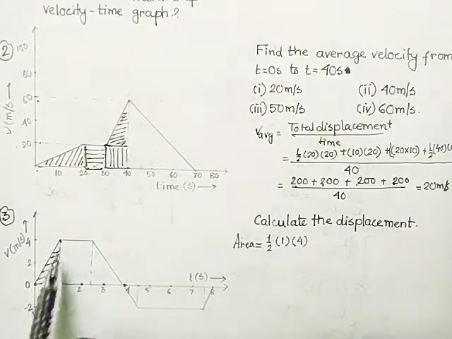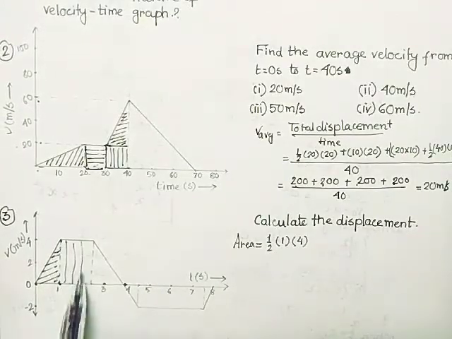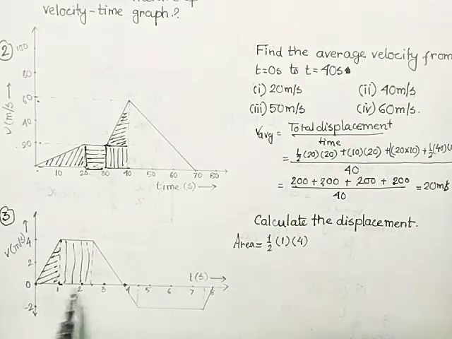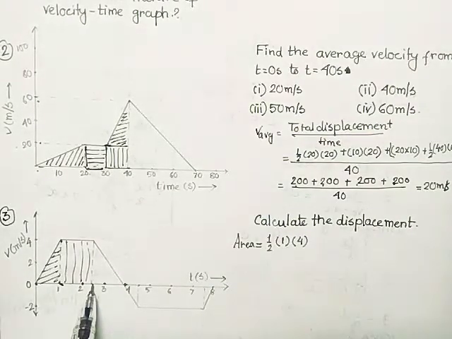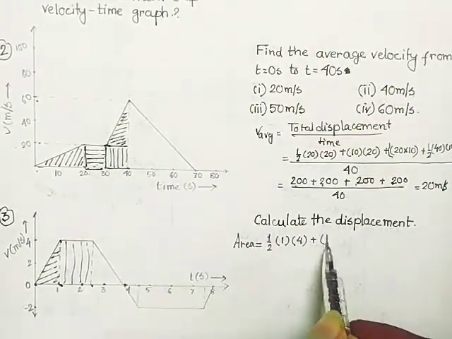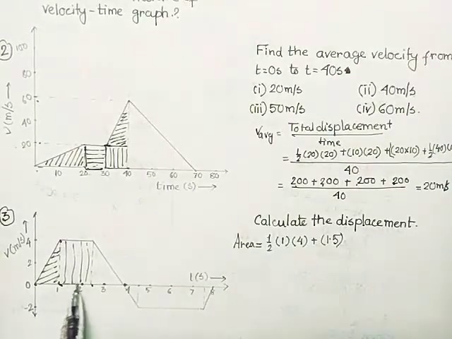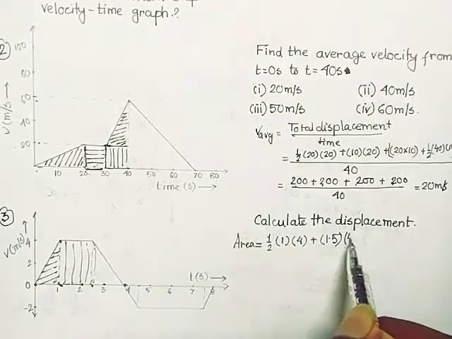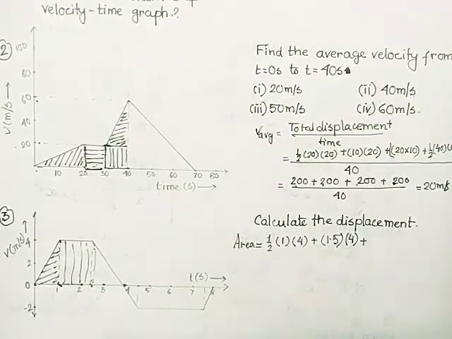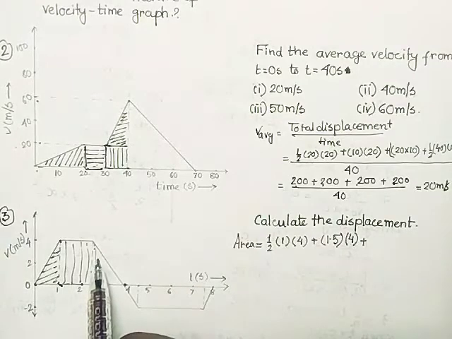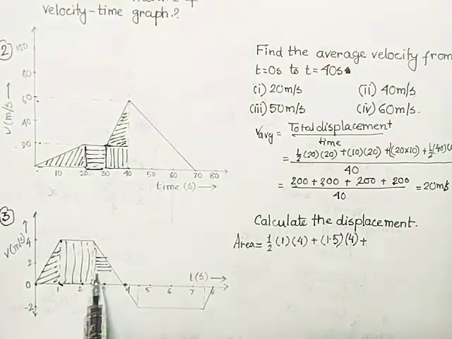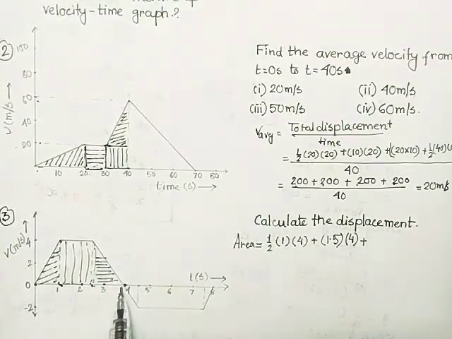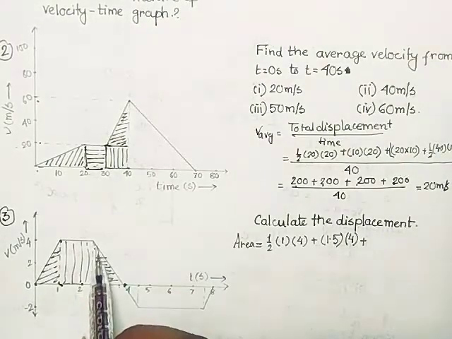Now I take this rectangle. From here to here, it is 1 to 2.5, so it will be 1.5 into 4, the height from 0 to 4, plus from here to here, it is again a triangle from 2.5 to 4, that is 0.5 plus 1, which is 1.5, and this is the 4.